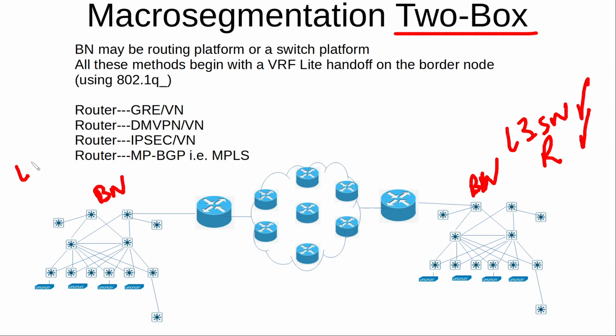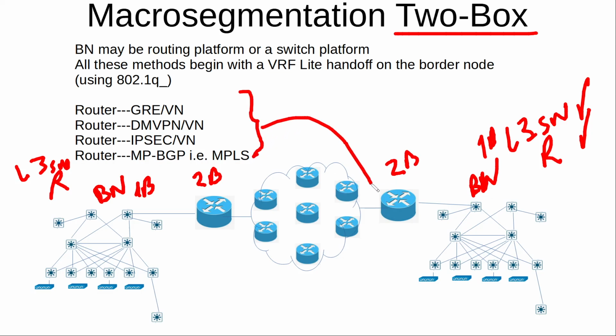So I can use a layer 3 switch or a router as my border node, and that will be my first box. The second box is an extra router that I'm going to need, and most of the configuration is going to go into this second box. So that is why we are calling this a two-box solution. The border node is one box, and the external router is a second box.